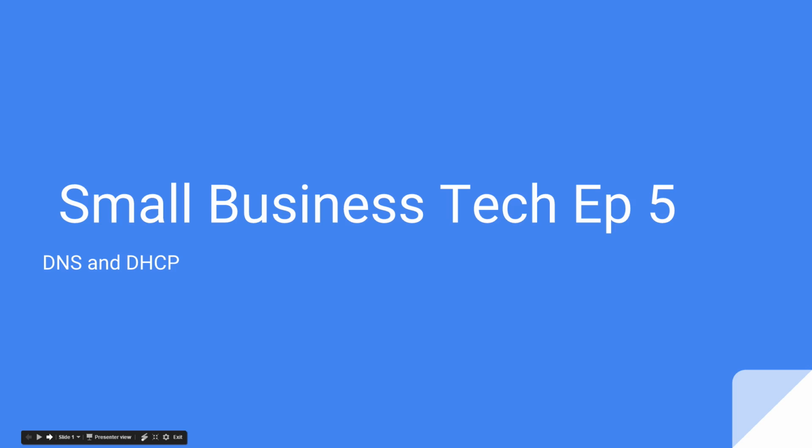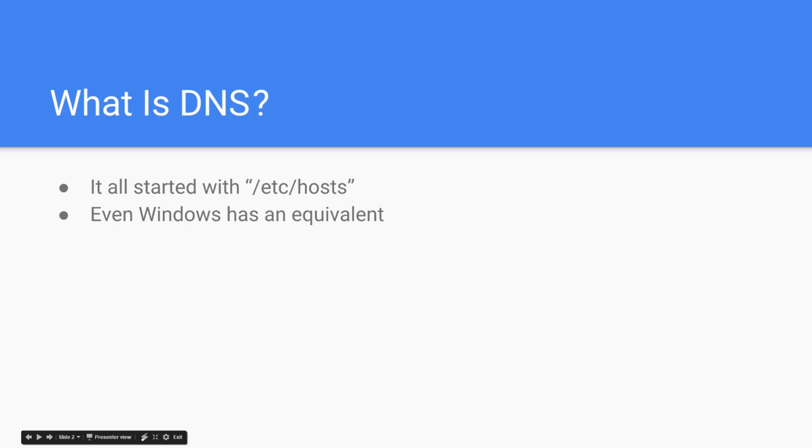DNS. All right. So what's DNS? Well, DNS started back in the early days of computing, around the time of the early Unix hosts. And in the beginning, there's literally a file called etc hosts. Well, actually, it's called hosts, and it is in the etc directory for Unix, or I should say POSIX-based operating systems.